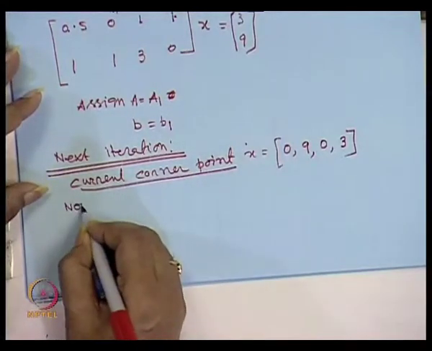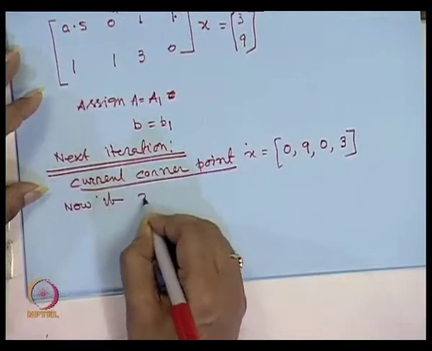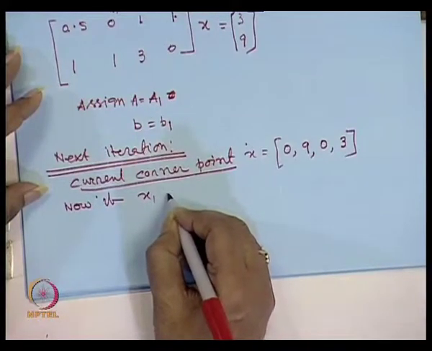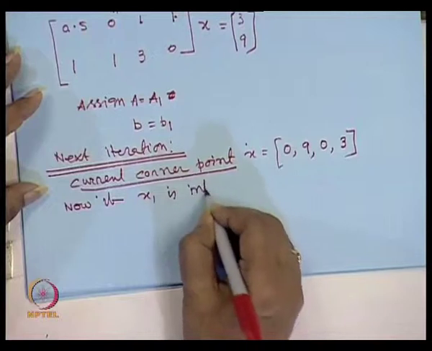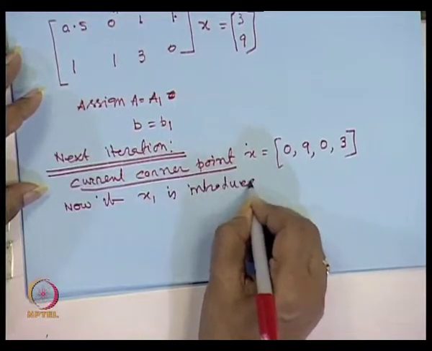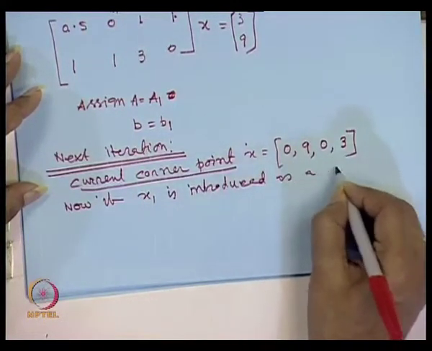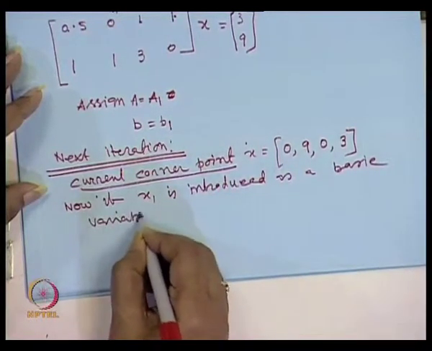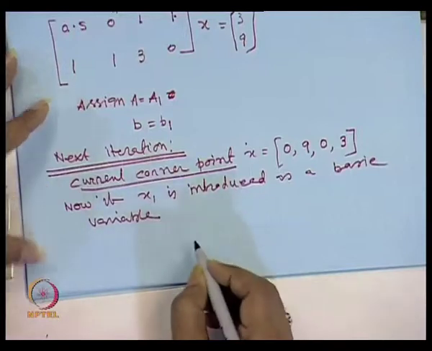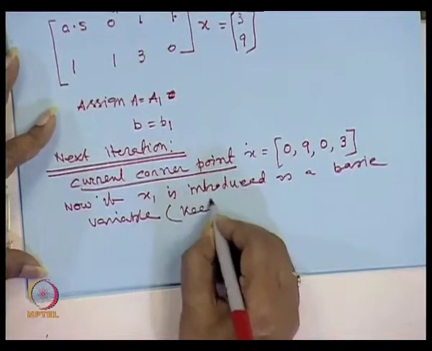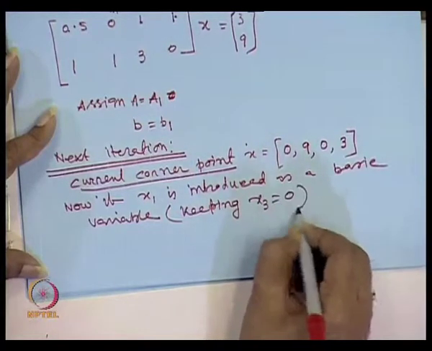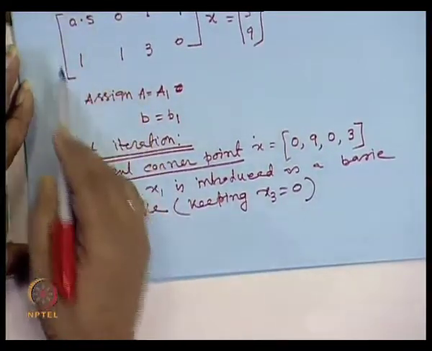Now, if x 1 is introduced as a basic variable, keeping x 3 is 0, then from this equation what will we get?